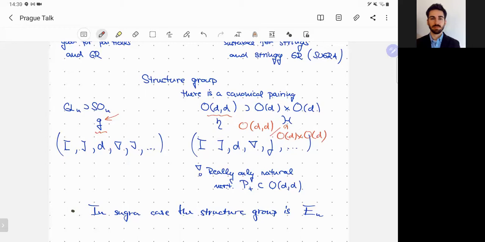So it all fits nicely, and all the other objects we know from geometry, like the Lie bracket and exterior derivative connection, translate with some caveats, which are more or less important, into generalized geometry.